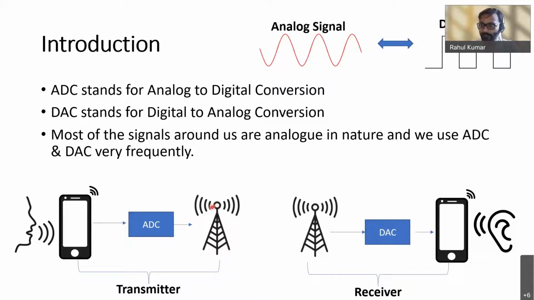Then the tower sends the signal to the receiver end, and in your friend's mobile phone, that digital signal is converted back into an analog signal, that is voice. So this analog to digital and digital to analog conversion is very frequently used in communication systems.